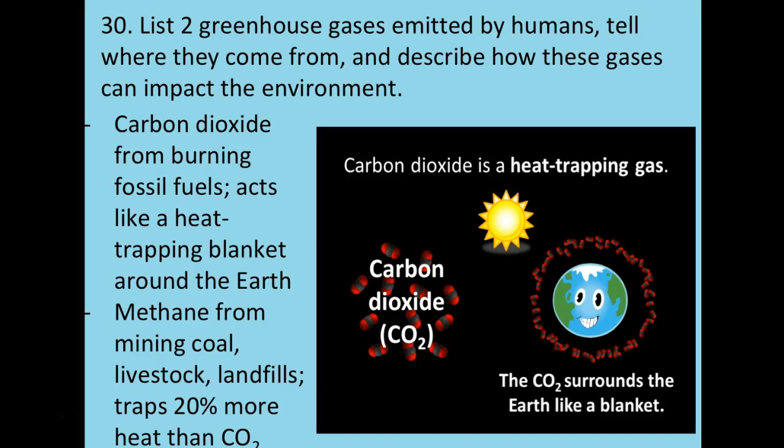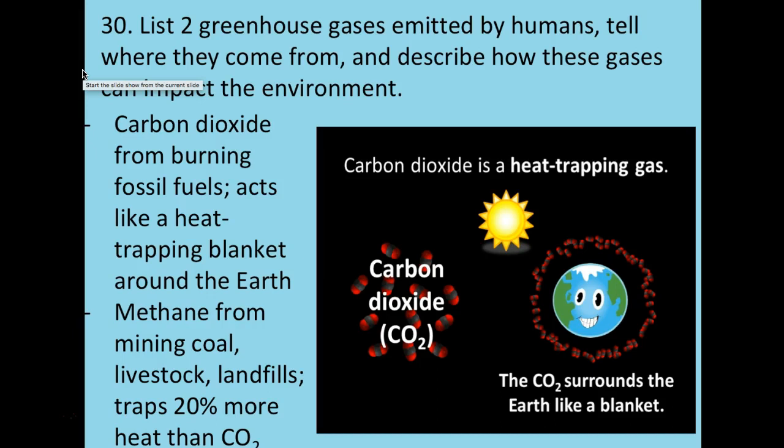List 2 greenhouse gases emitted by humans and tell where they come from, and describe how these gases can impact the environment. So carbon dioxide is the big one that's going to be causing a lot of problems for us because it is being rampantly emitted into the air. So carbon dioxide is a natural gas.